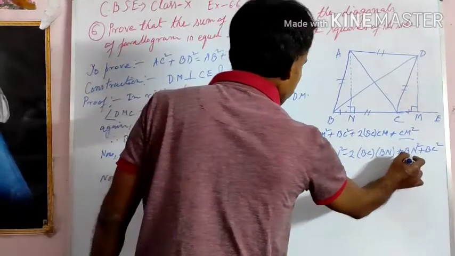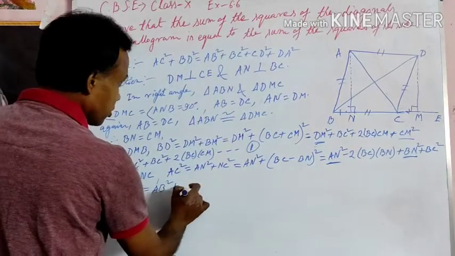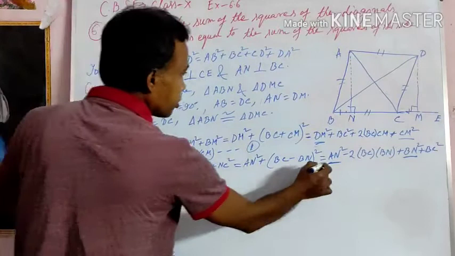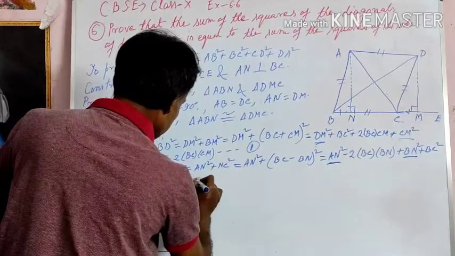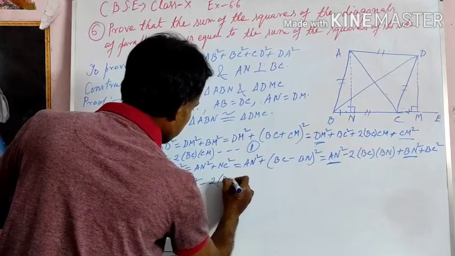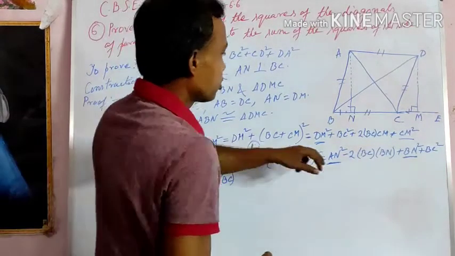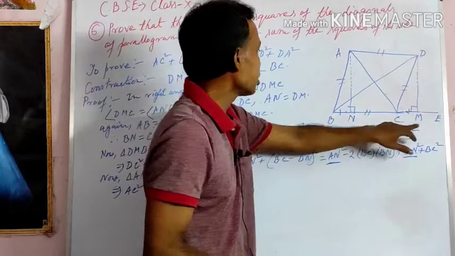So AN square plus BN square is equal to AB square, plus BC square, minus 2 BC into BN. BN will be replaced, BN is equal to CN.